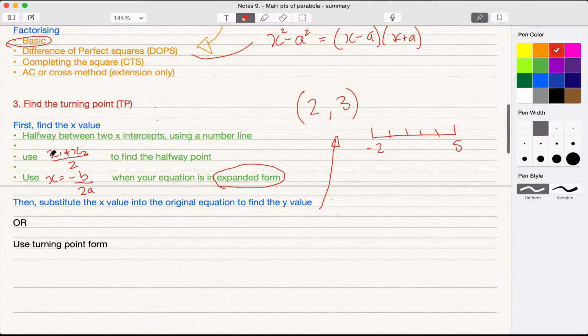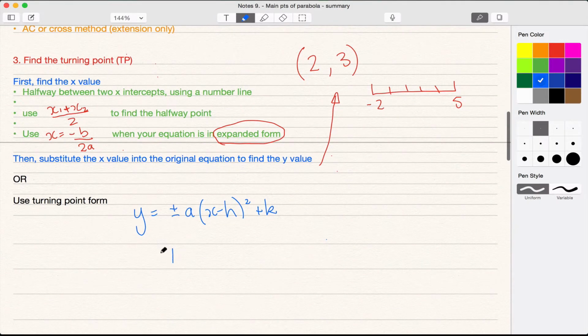If you have your equation in turning point form, then you can just read it straight off. So let's remind ourselves about turning point form: plus or minus a, x minus h squared, plus k. The turning point is at h, k. Remember, it's what's inside the brackets.